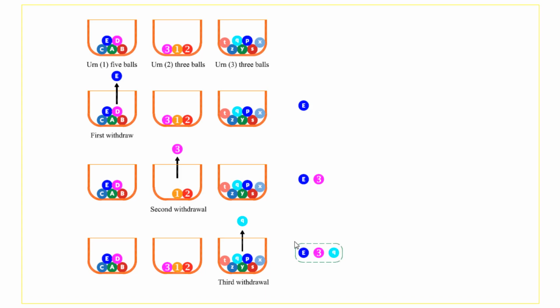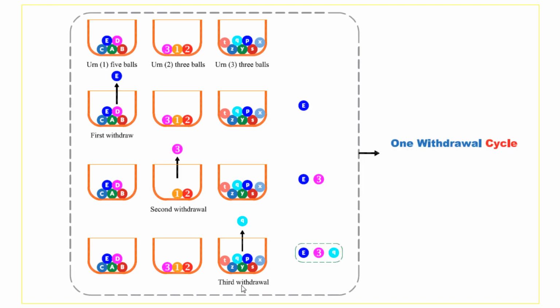So now we have a sequence, and if we repeat that, we are going to generate more sequences. So if we do that once, this is 1 withdrawal cycle to generate 1 random sequence such as E3Q.